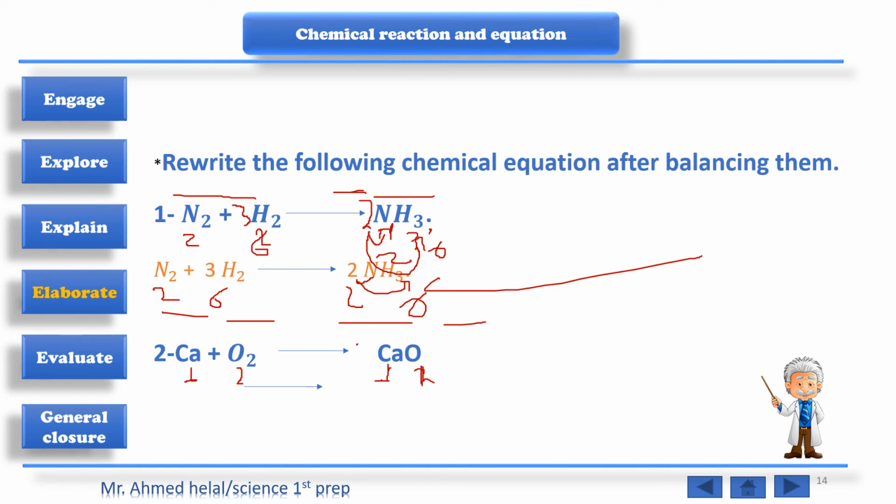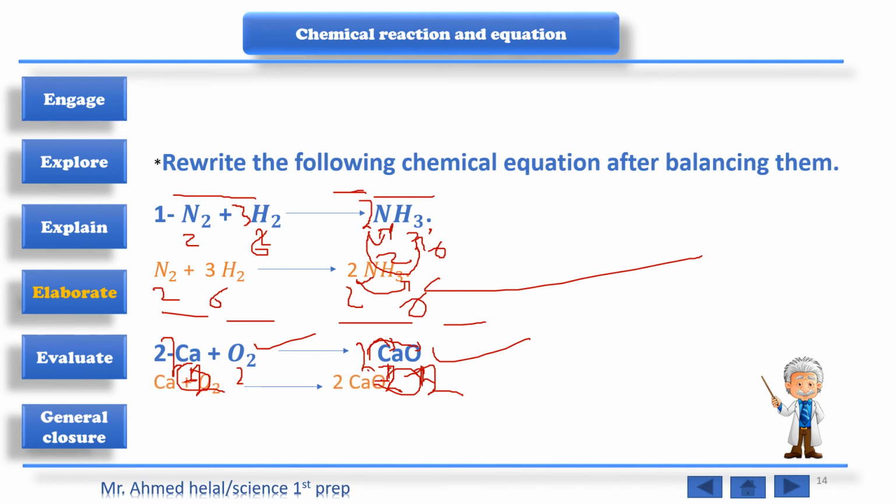So if we put 2 here, we have 2 calcium atoms and 2 oxygen atoms. Okay, so here we have 2 oxygen atoms, here we have 2 oxygen atoms, but here we have 2 calcium atoms and 1 calcium atom here. So if we put 2 here, here we have 2 calcium atoms, and here 2 calcium atoms.